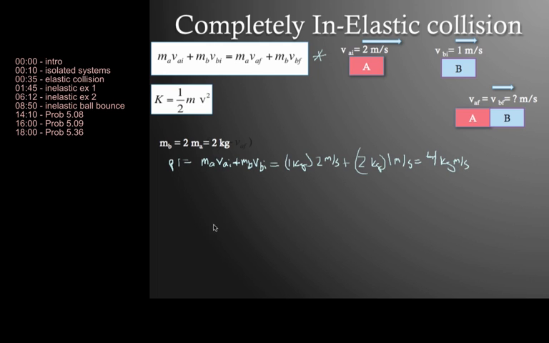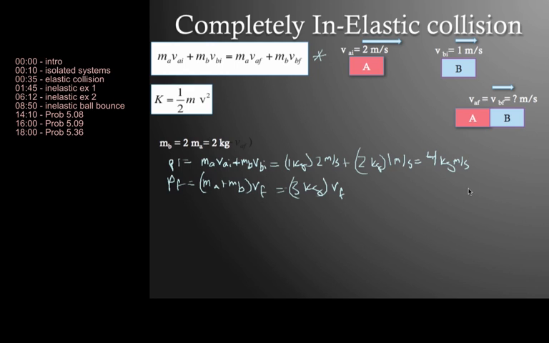per second. Let's now look at our final momentum, and so we're going to end up with MA plus MB. And in this case, they both move as one, so let's just call that V final, and that's what we want to find out. So MA plus MB is just going to be 3 kilograms V final.